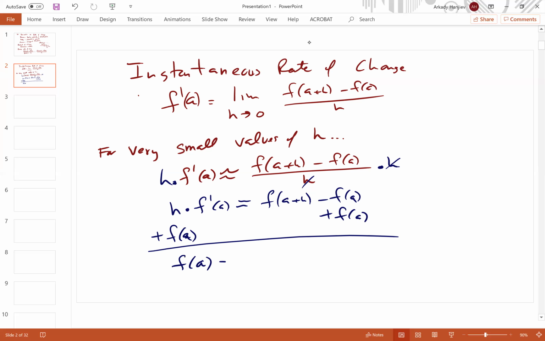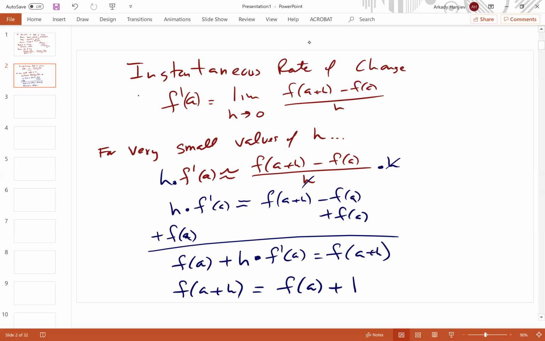So eventually it looks like f of a plus h multiplying the derivative of a gets me this right here. And I'm going to just turn it around because I like the stuff that I'm solved for on the left-hand side. So final formula, here it is. f of a plus h is approximately f of a plus h multiplying the derivative of f at a. There's my formula.